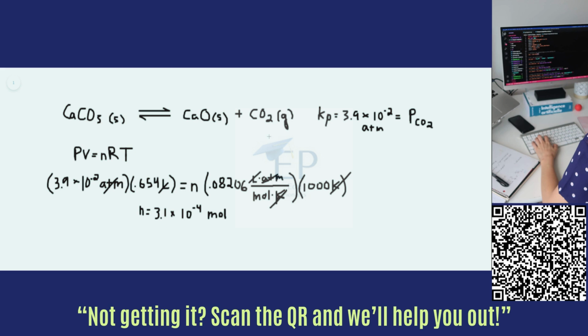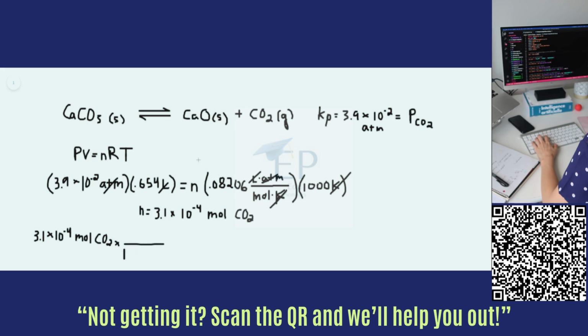Great, so this is the number of moles of CO2 at equilibrium. Now we can just use stoichiometry to figure out how many moles of CaO were produced and therefore what the mass of CaO is at equilibrium. So let's write this as 3.1 times 10 to the negative 4 moles CO2, and we'll do conversion between moles of CO2 and moles of CaO.